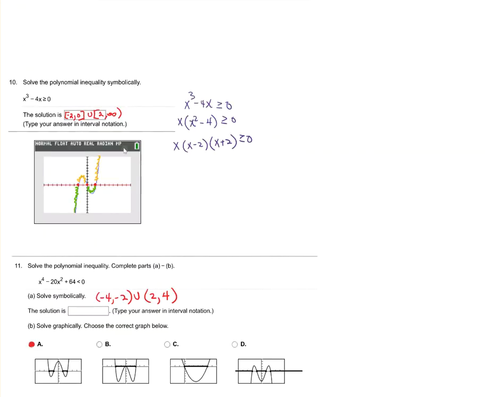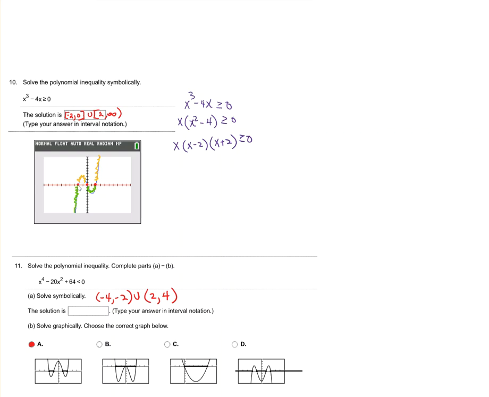All right, 10. Solve this symbolically. And we can do that symbolically, but I like to do these also on the calculator. So we have this, and I put that in the calculator and got this graph so you can see it real quickly.